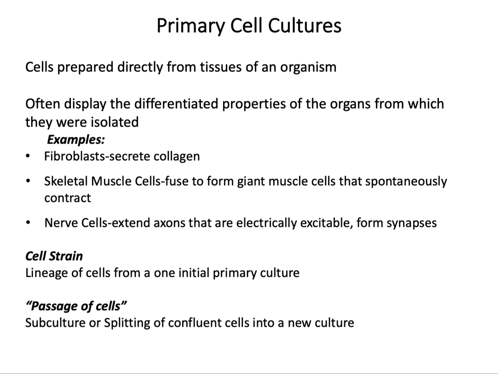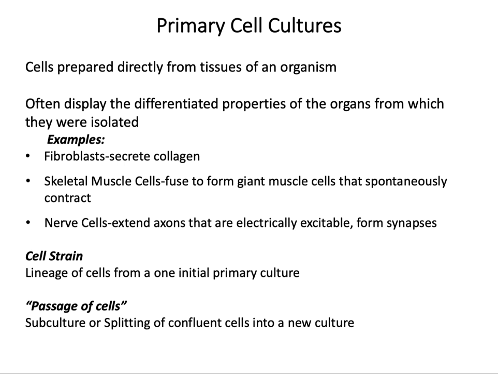When cells are propagated directly from the tissue of an organism, they are known as primary cells. Some examples of primary cells are fibroblasts, skeletal muscle cells, and nerve cells, which can be isolated directly from an organism and cultured in the laboratory. One of the advantages of the cultured cells is that they display all the characteristics of the tissue from which they were isolated.